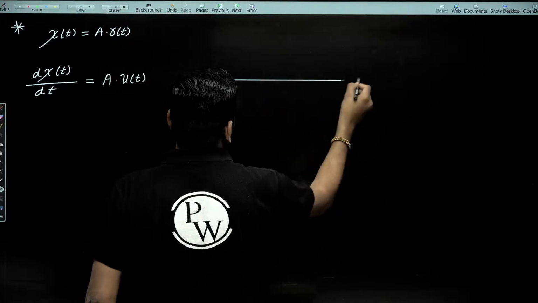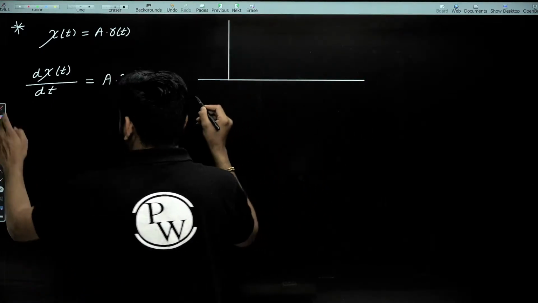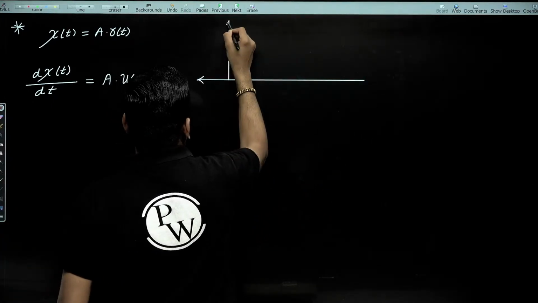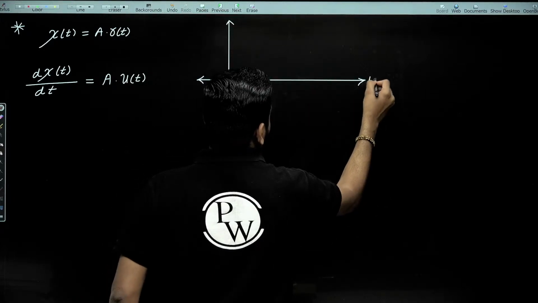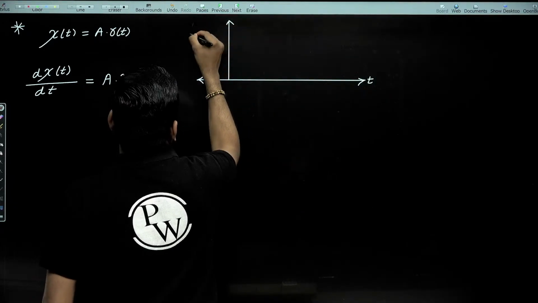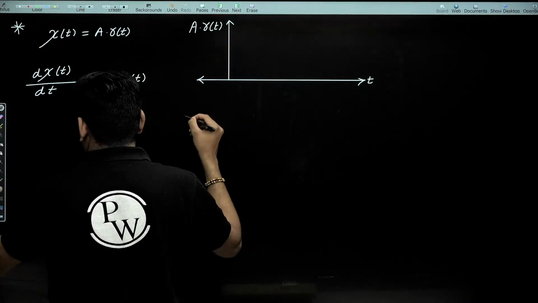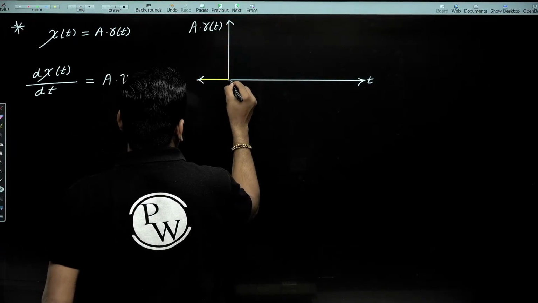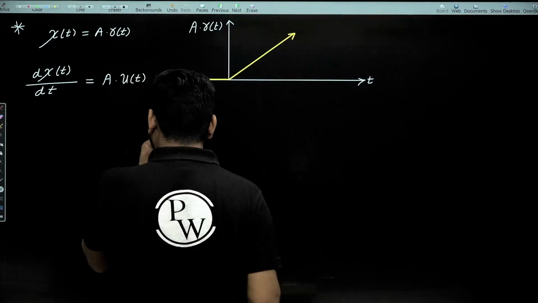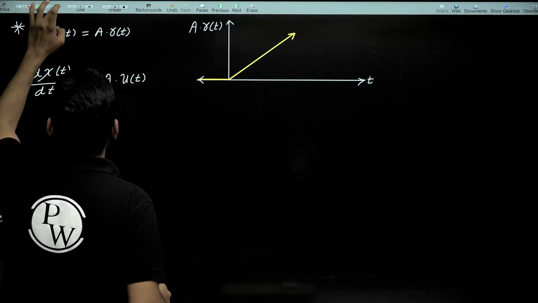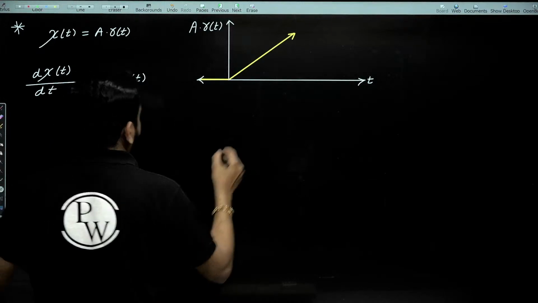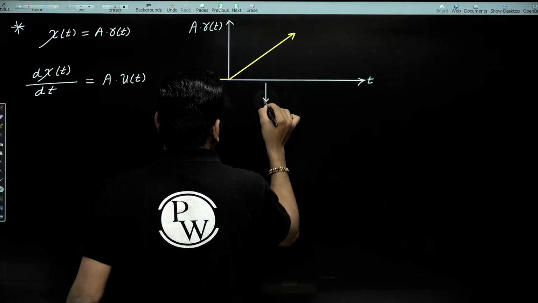The ramp function. Suppose ramp function a into r of t, guys. What is the differentiation of this one? What is the slope, guys?